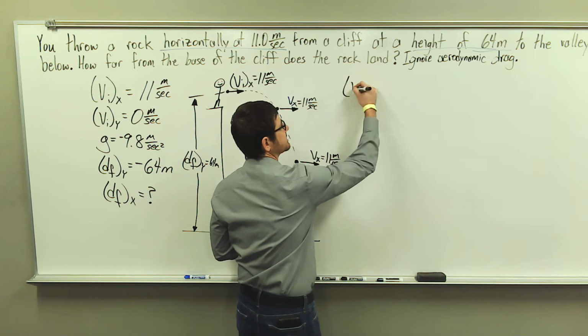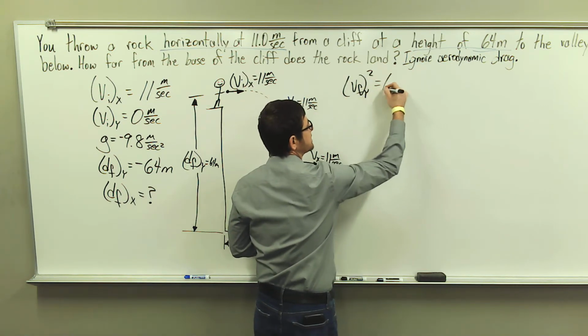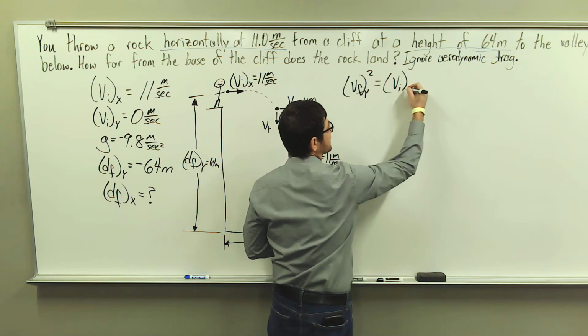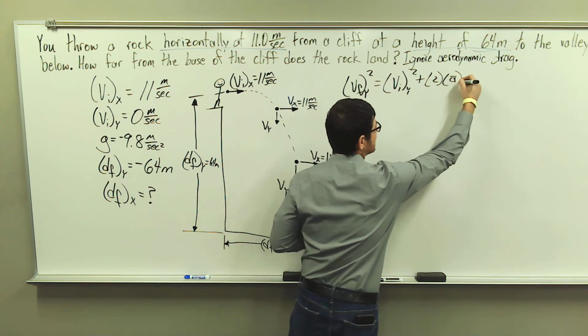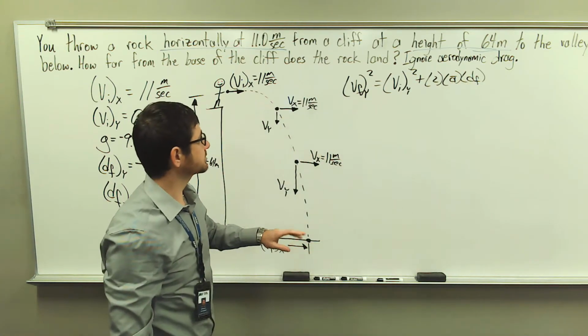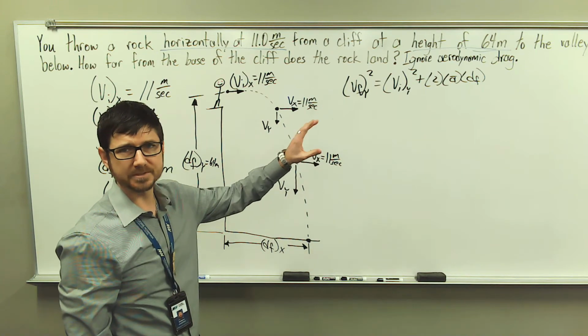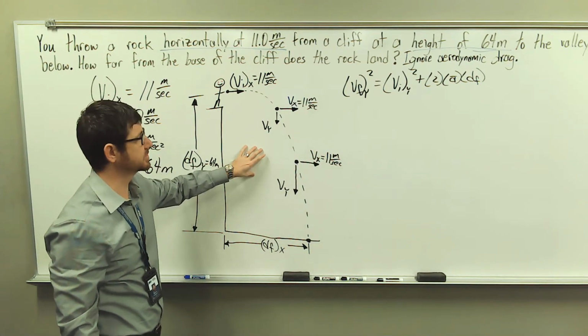We're going to use the base equation. V sub f sub y squared is equal to initial velocity in the y direction squared plus 2 times acceleration times our displacement. Now what I'm going to do is take our base equation here and adapt it to our situation.